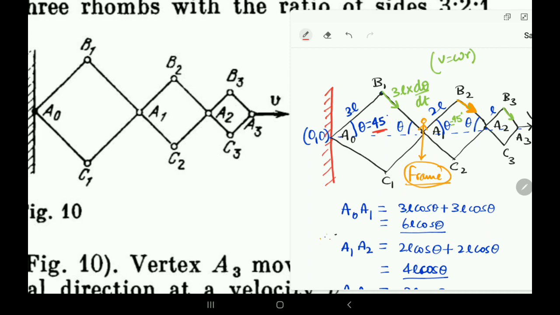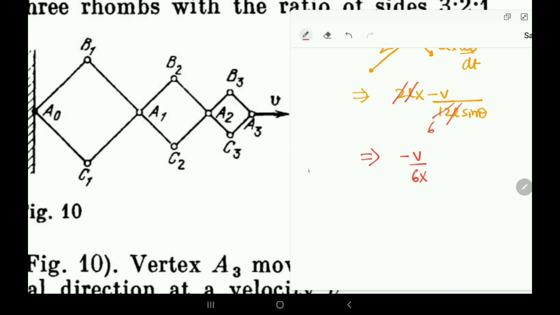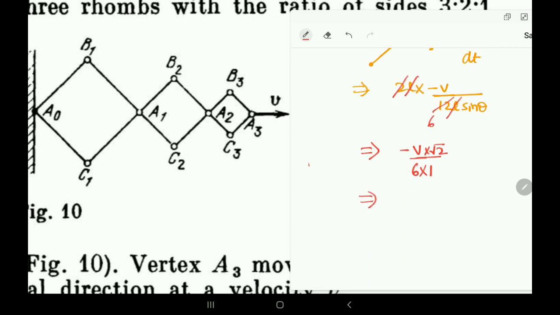Alright, now the question has asked you to evaluate at 90 degrees, when B1 A0 C1 becomes 90 degrees, B2 A1 C2 becomes 90 degrees, and B3 A2 C3 becomes 90 degrees. So B1 A0 A1 will be 45 degrees. Remember the theta I have taken in the figure.